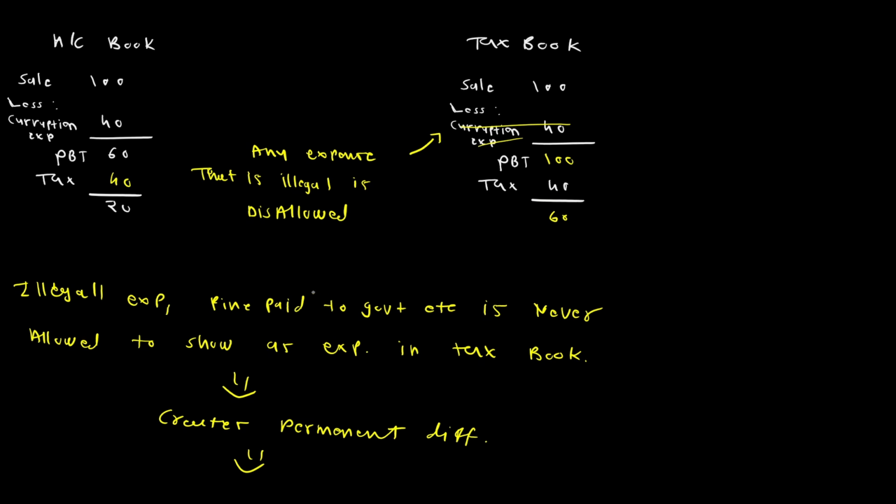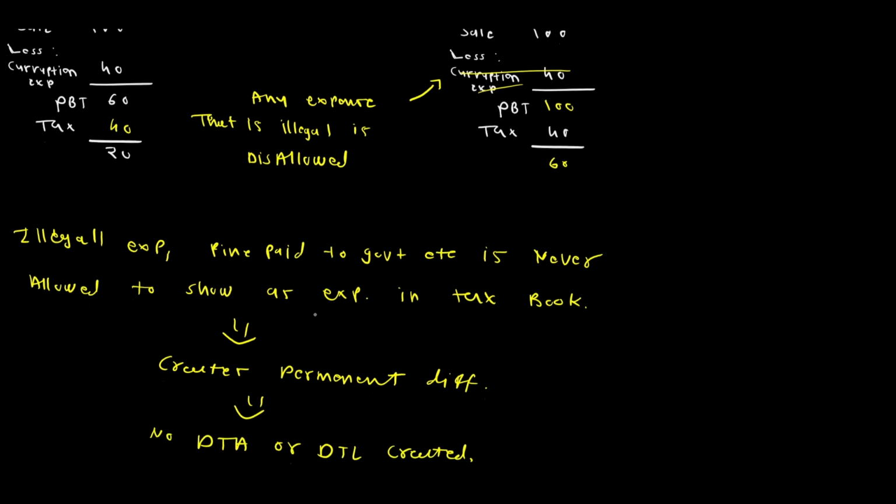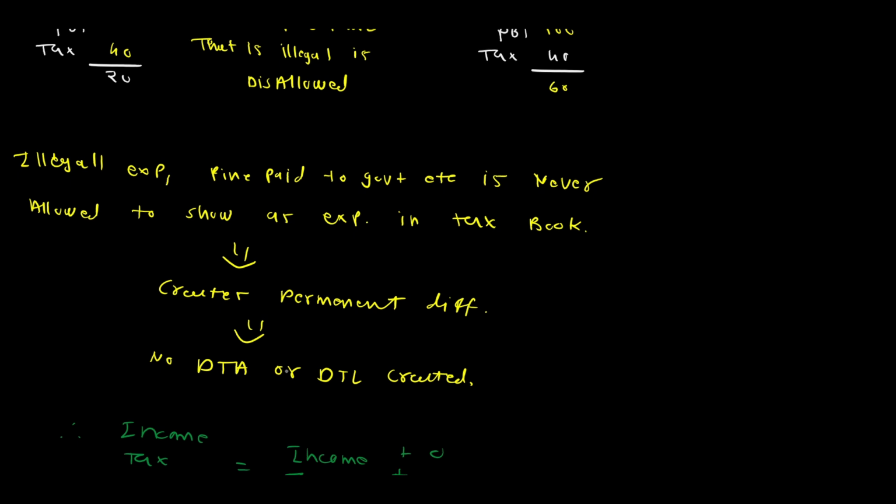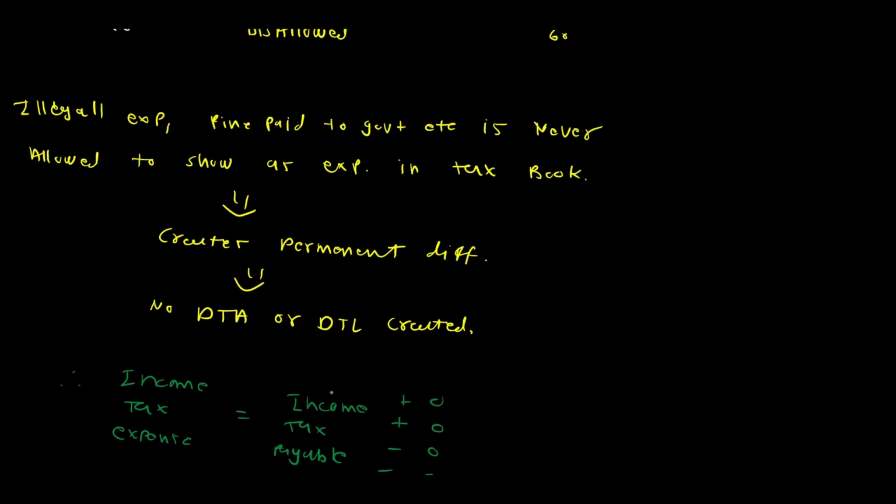Illegal expenses, fines paid to the government, etc., are never allowed to be shown as an expense in the tax books, and these expenses create a permanent difference. So a permanent difference will not create DTA or DTL.